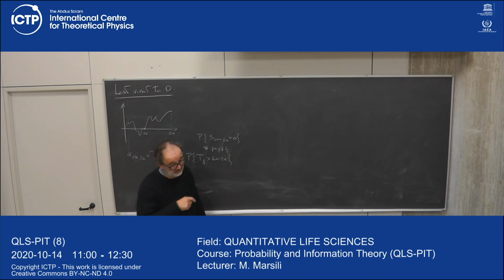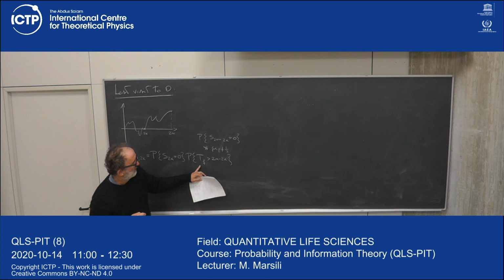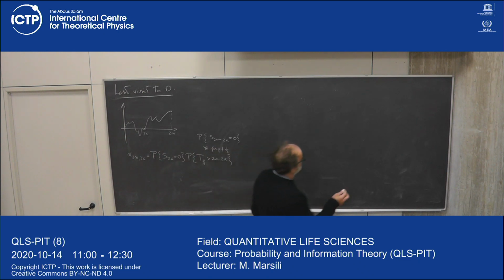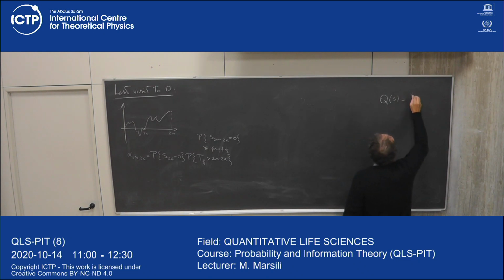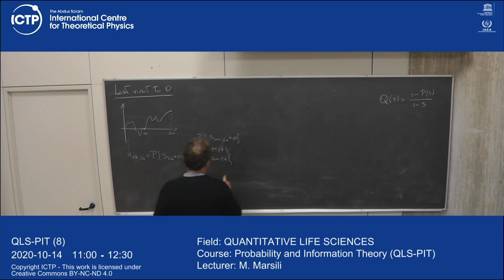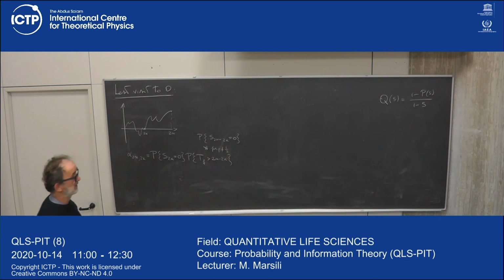You remember that there is a relation between the generating function of a probability distribution and the generating function of the cumulative distribution. The generating function of the cumulative distribution was 1 minus the generating function of the probability distribution, divided by 1 minus s. So if we know the generating function of the first return distribution, we can compute the generating function of the cumulative distribution using that formula.